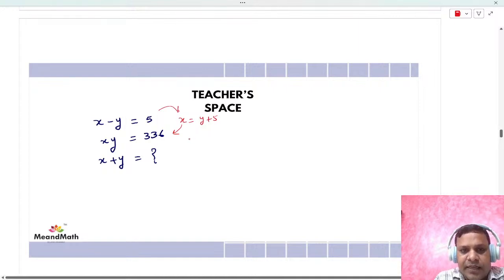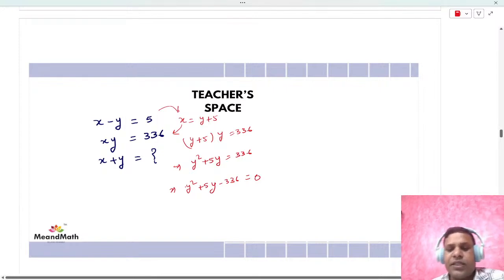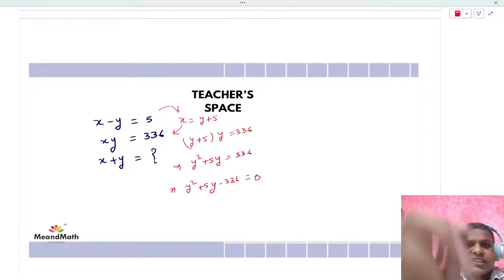So y plus 5 into y is equal to 336. Now y square plus 5y is equal to 336, and y square plus 5y minus 336 is equal to 0. This is a quadratic equation. You can solve it by splitting the middle term. This is the first method.